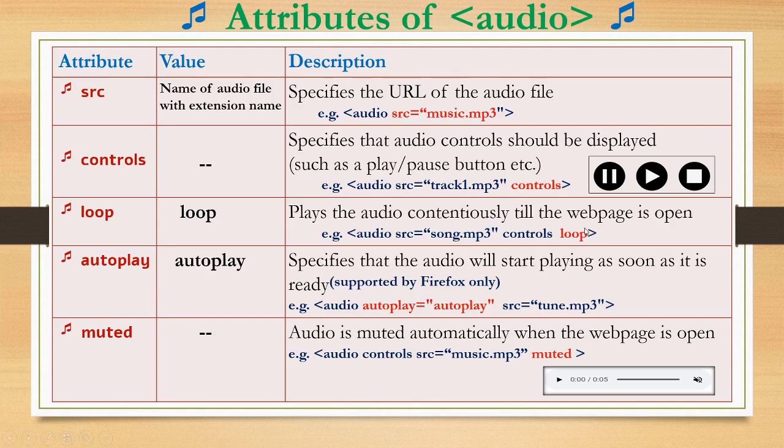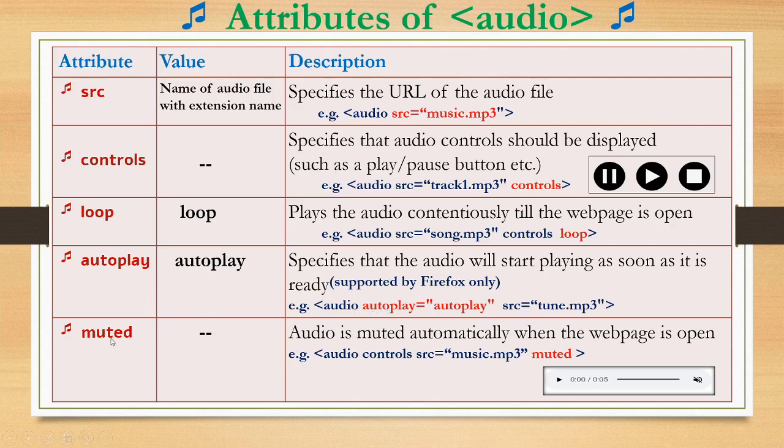That means you are not supposed to click on the play button and the audio file will start automatically. So autoplay equal to autoplay will play the file automatically, but the autoplay attribute is supported by only Firefox. If you try to use this attribute with Chrome or Internet Explorer, then it will not work.